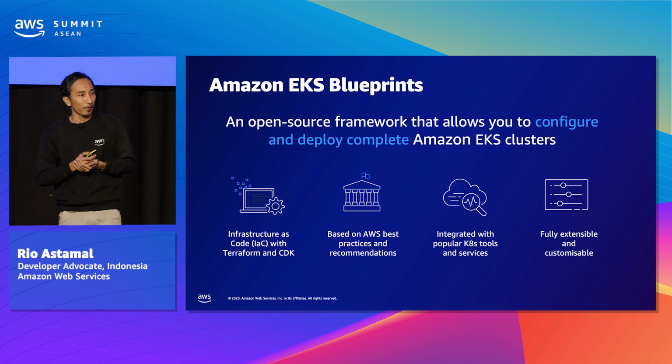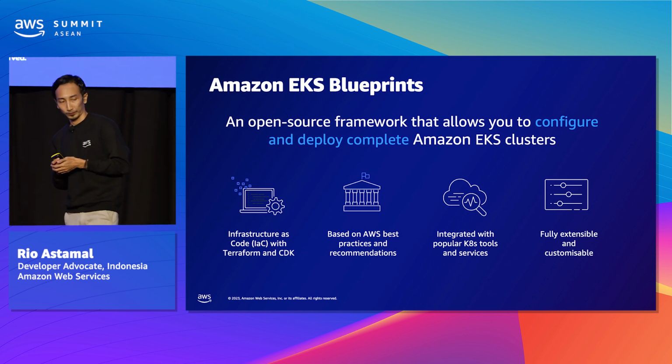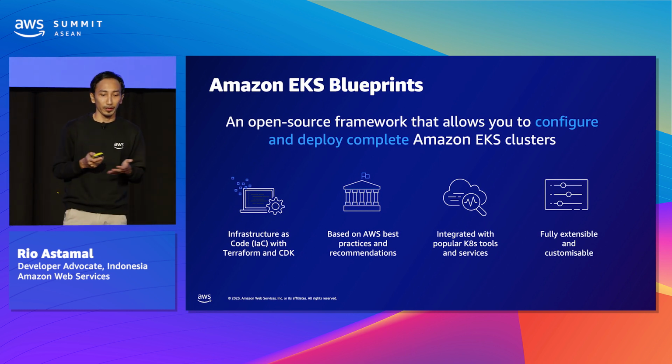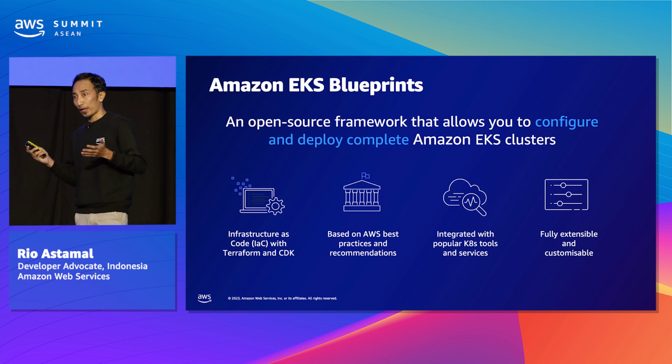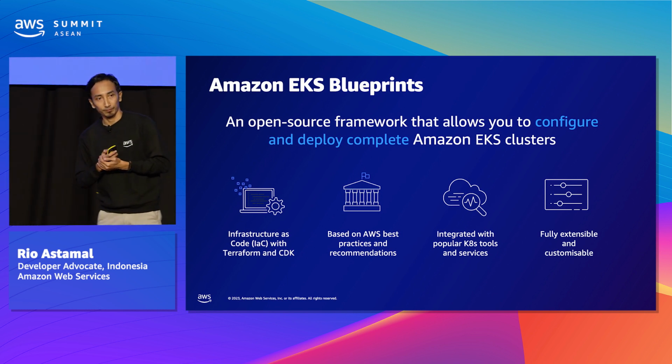This is where Amazon EKS Blueprint comes to help. It is an open source framework which allows you to configure and deploy an Amazon EKS cluster based on AWS best practices and recommendations.